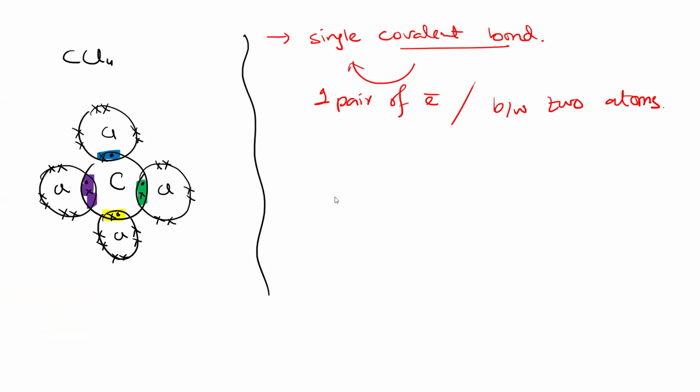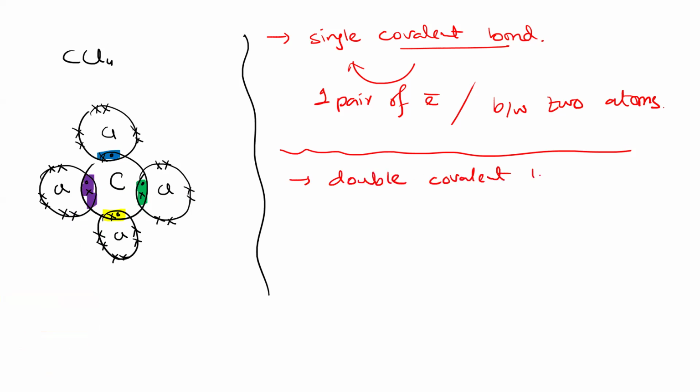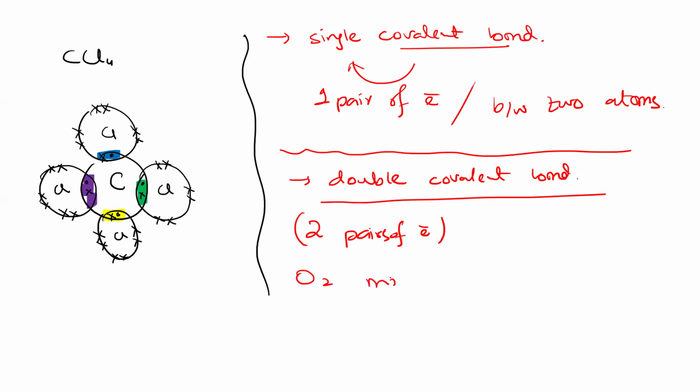Now, the other part is, what if we plan to have a double covalent bond? A double covalent bond is basically formed when we have two pairs of electrons being shared. A simple example would be an O2 molecule.